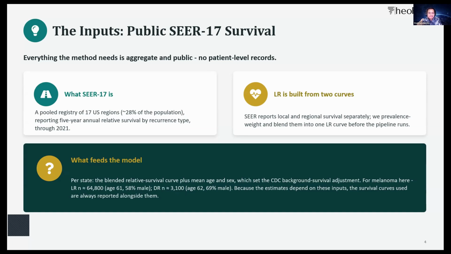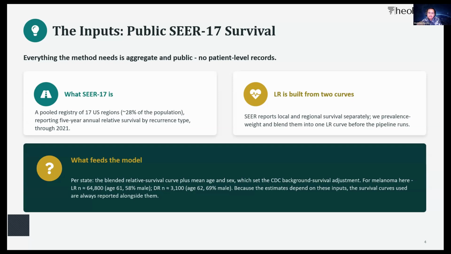One caveat is that SEER reports local and regional separately, not together. So for our example, we blended local and regional based on prevalence, creating one local regional curve, and then we have the distant curve.